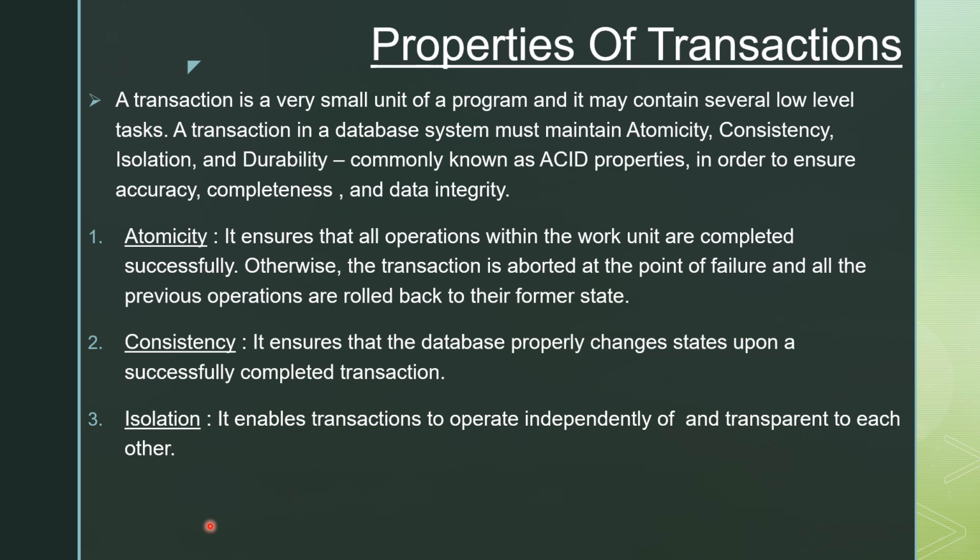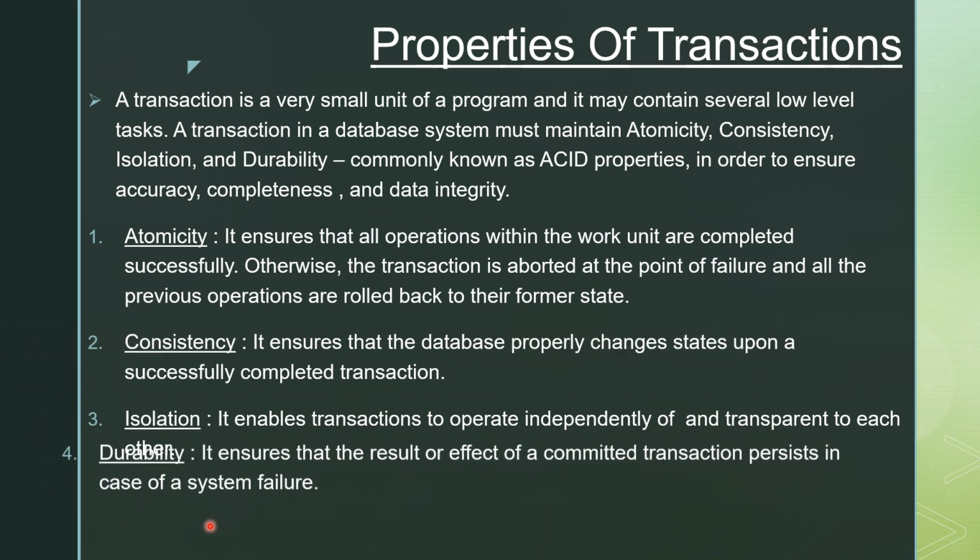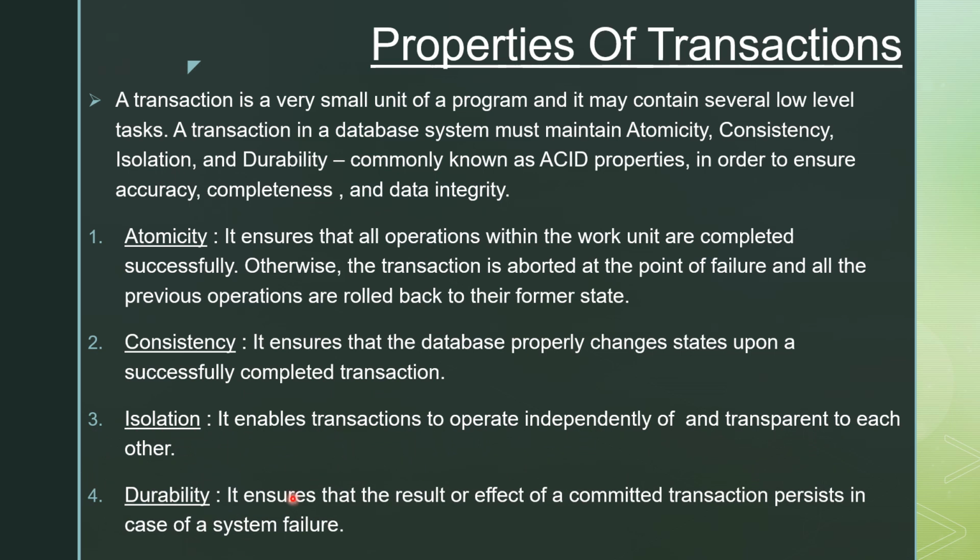So the last thing which we are going to study is durability. Now what is durability? It ensures that the result or effect of a committed transaction persists in case of a system failure. Whatever transaction you have done is complete, and its result should be received even if the system fails.